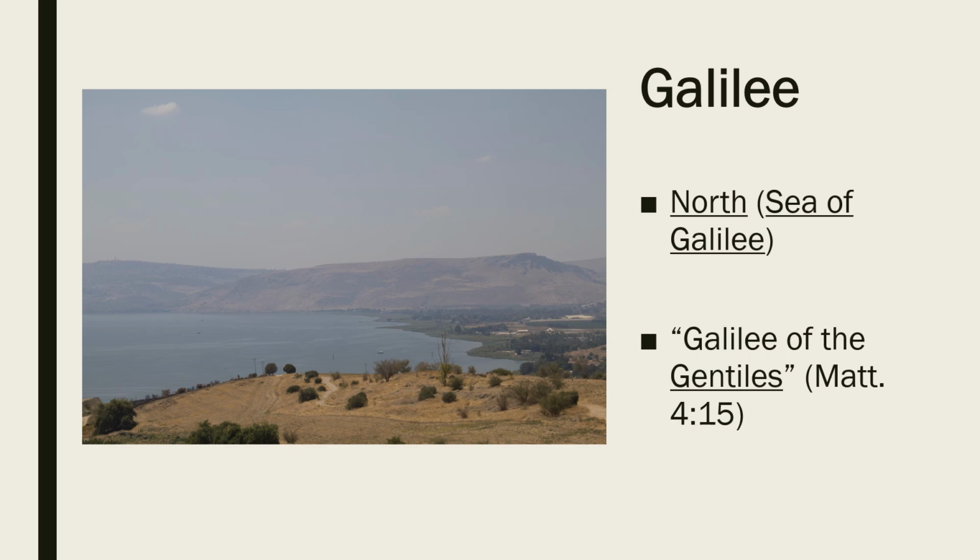If you remember the story of Jesus casting the legion of demons into a herd of pigs, they were on the Gentile side of the sea, because the Jews would not have a herd of pigs, pigs being unclean animals. So sometimes this is called Galilee of the Gentiles.